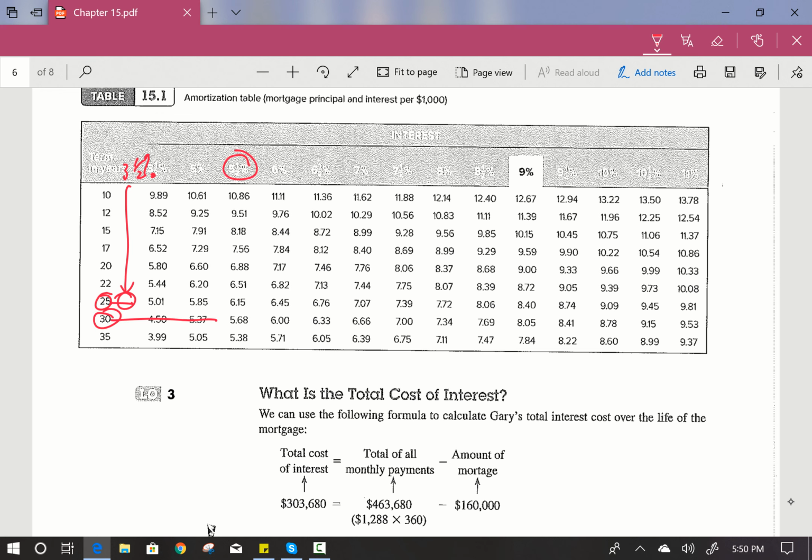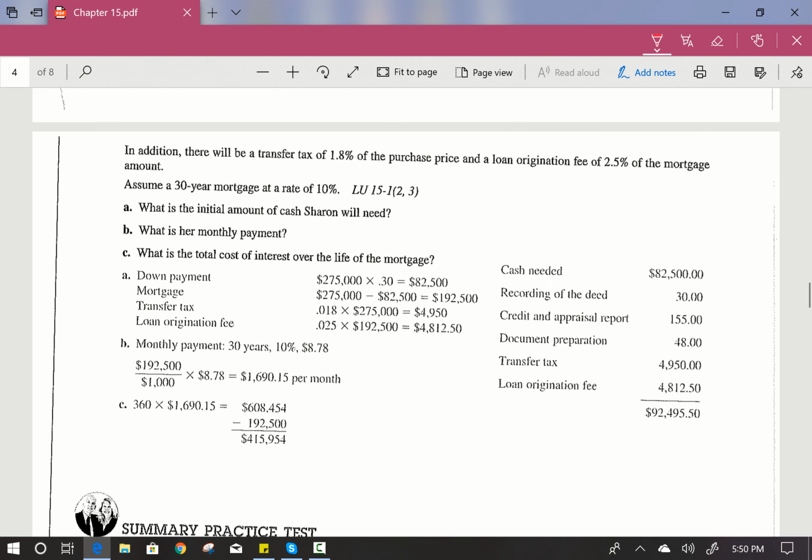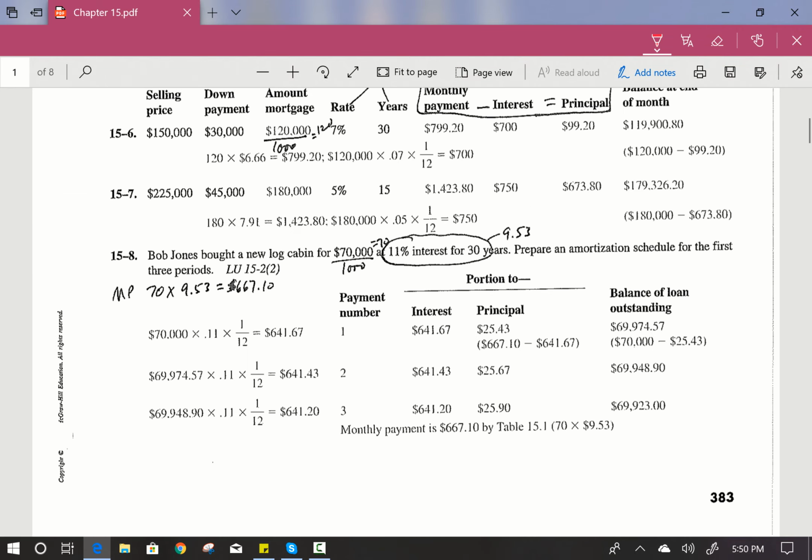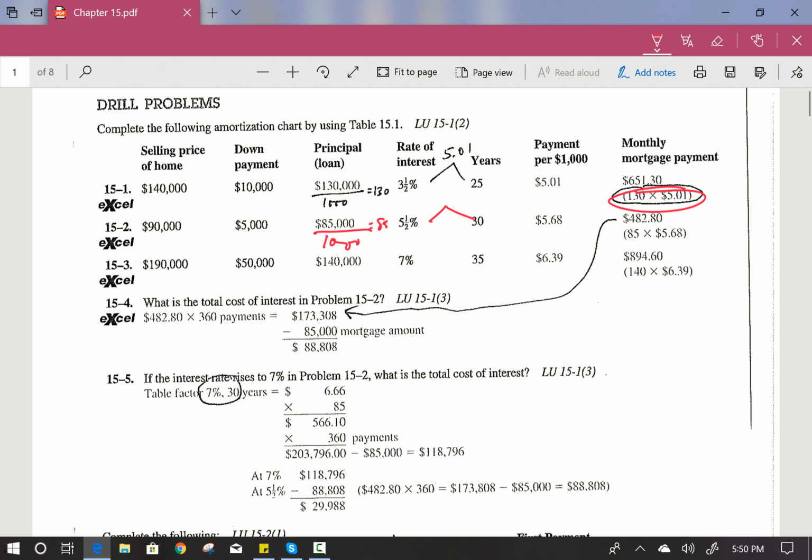The corresponding factor is 5.68. We're going to take that times 85, and that's going to give us a monthly payment of $482.80.